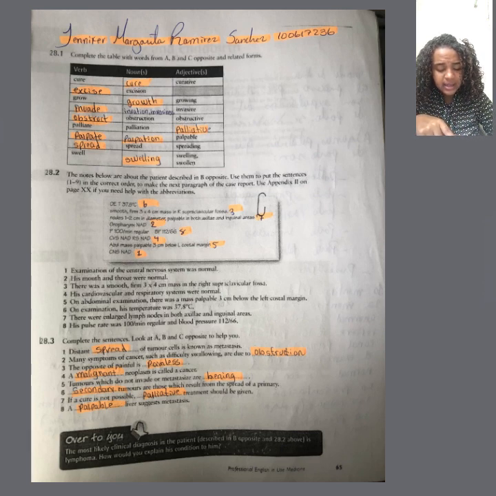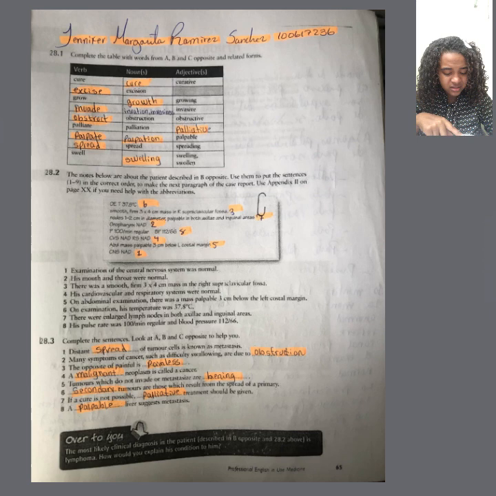Oropharynx NAD. Number 2. His mouth and throat were normal. Pulse 100 per minute, regular. BP 102 systolic.